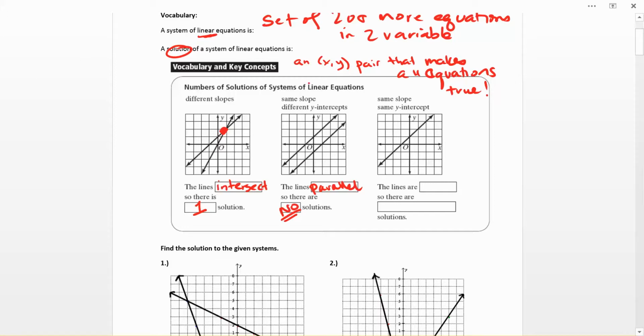The last case is that the lines are actually equal, the same exact line. In that case, every single point that lies along this whole line is a solution to both of the equations because technically they're the same equation. In this case, we say that there are infinitely many solutions, and every single solution that lies along that line is true for both of the equations.